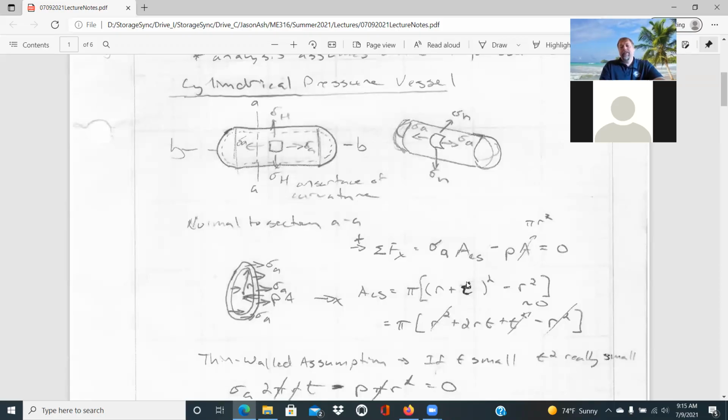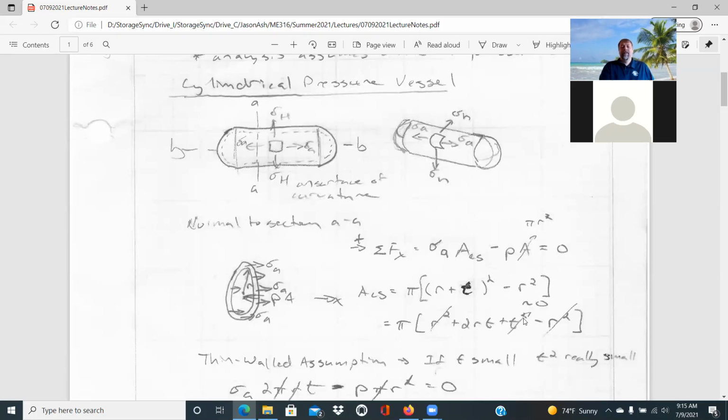And if t is really small, t squared is going to be really, really small. So that's going to be approximately equal to 0. And so this is part of the mechanics of materials approach of looking at that thickness over the radius being much less than 0.1.